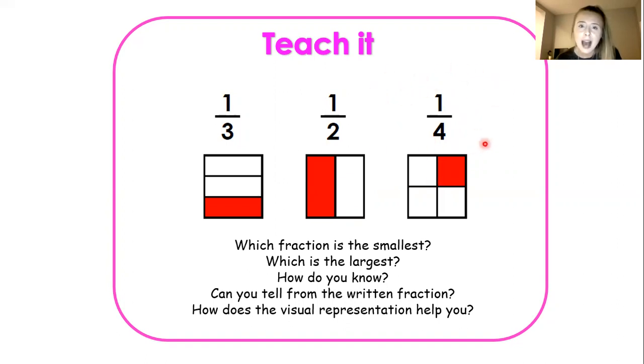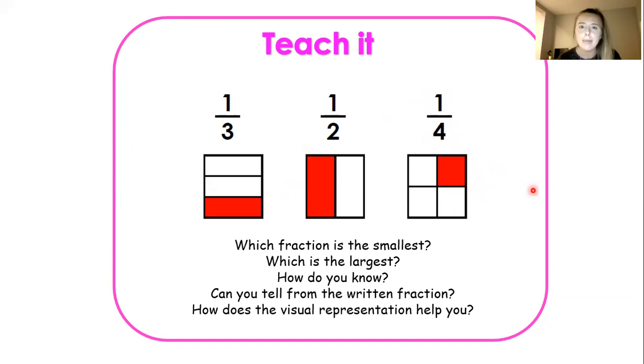So if you had a sandwich, and then half again, one of those pieces will be your quarter. Now, we learnt last week that 2/4 is the same as 1/2, isn't it? So 1/4 is actually half of that half. So it is a smaller piece of the whole. So it's the smallest fraction.